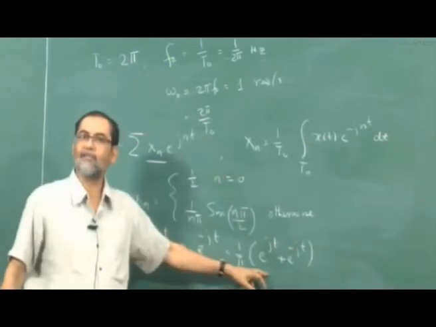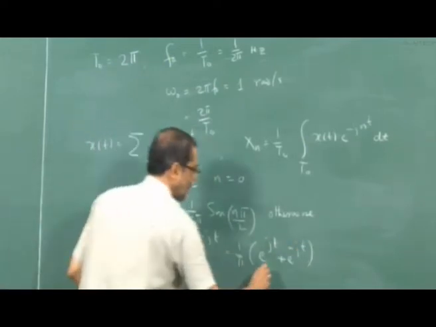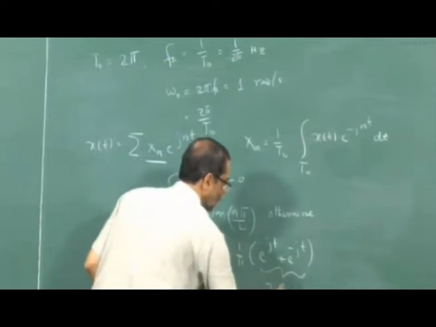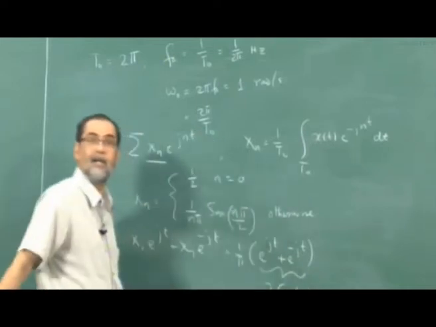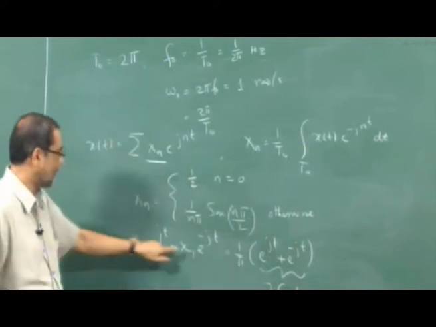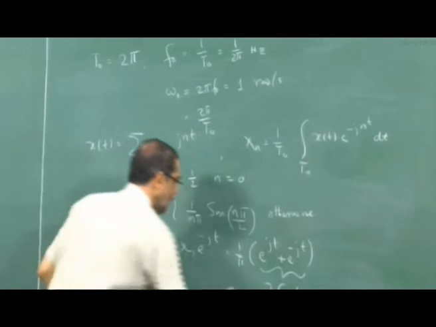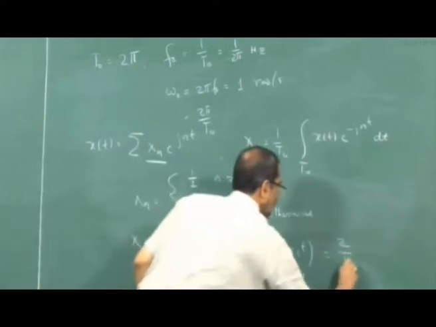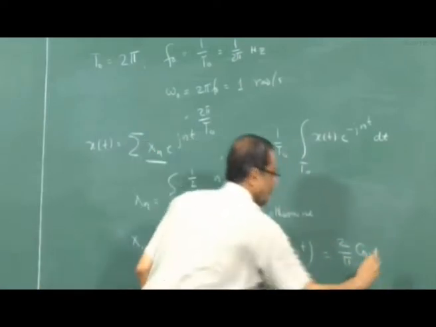I can use Euler's formula to write this as 2 cosine t, so both 1 and minus 1 combine to give me 2 by pi cosine t.